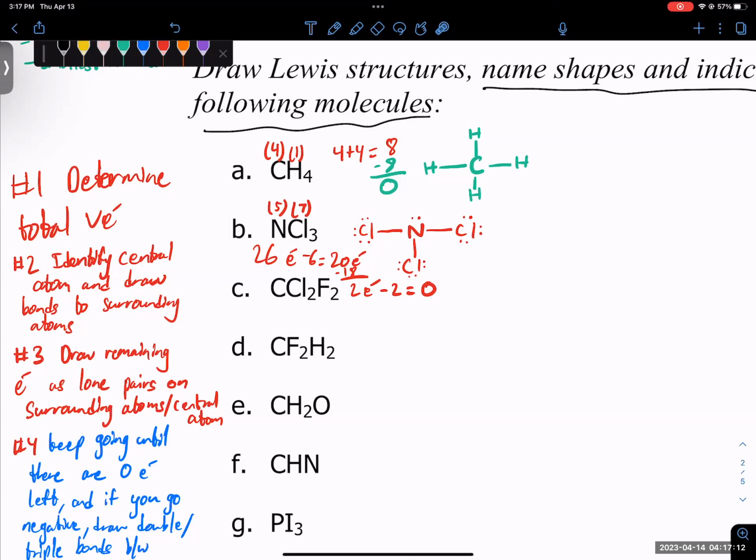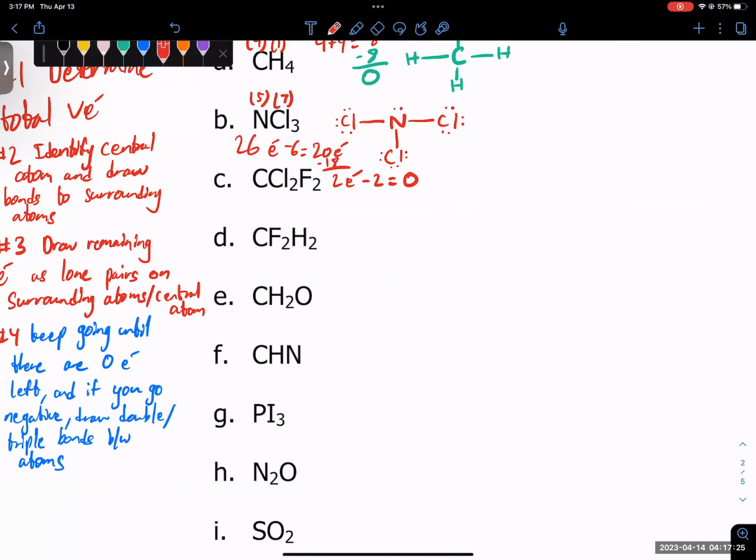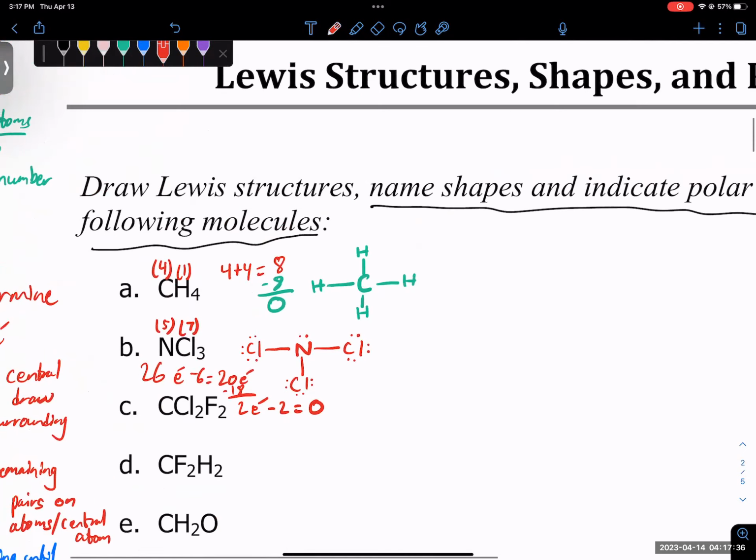So 6 times 3 is 18. So there's 2 electrons left. Now those 2 electrons we drew as a lone pair on the central atom. So 2 minus 2 was 0. And we didn't need to do step 4 in this case because we got to 0 electrons and we didn't go negative. And we shall see certain examples later on this worksheet where you can go negative.